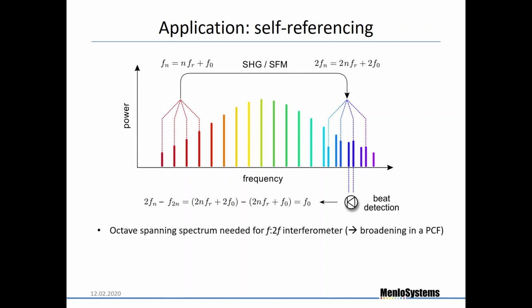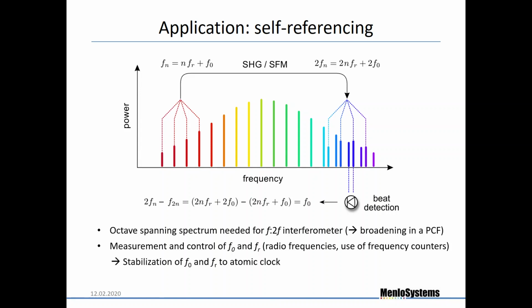And for this, you need an octave spanning spectrum, and then you can build this so-called F-to-2F interferometer. And the offset frequency can thereby be measured, and the repetition rate can also be measured. That's quite simple. You just detect the pulse train on a photodiode. And these two frequencies are radio frequencies, and they can be counted using frequency counters.